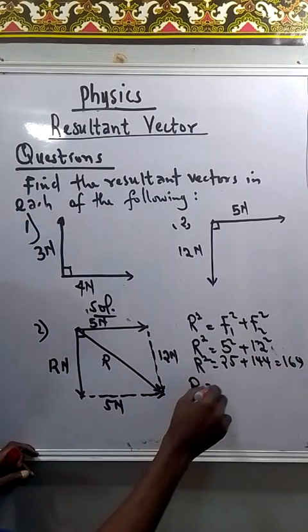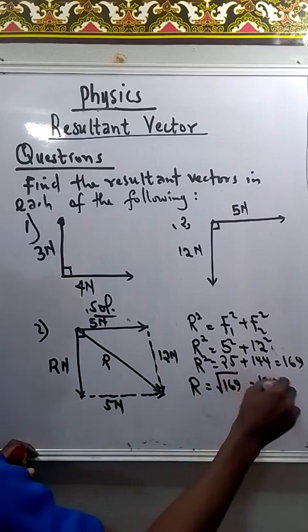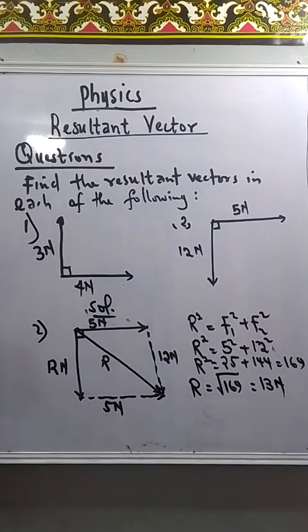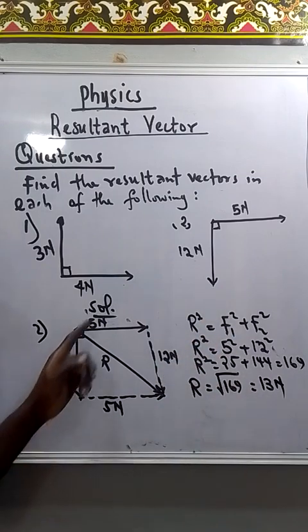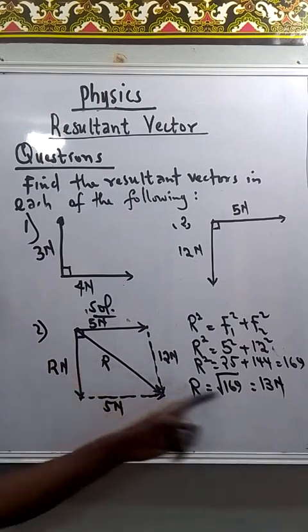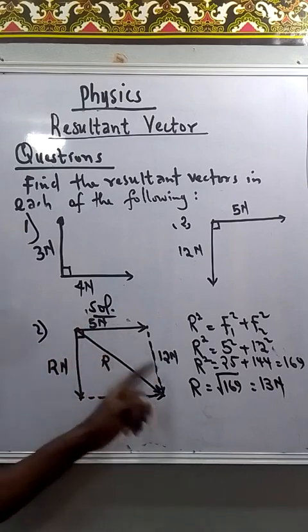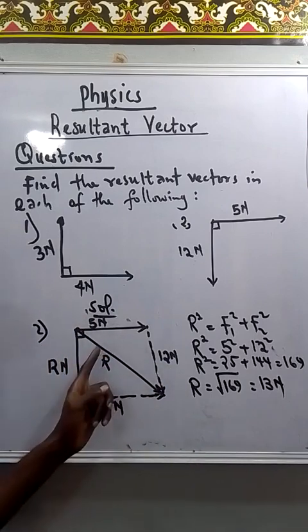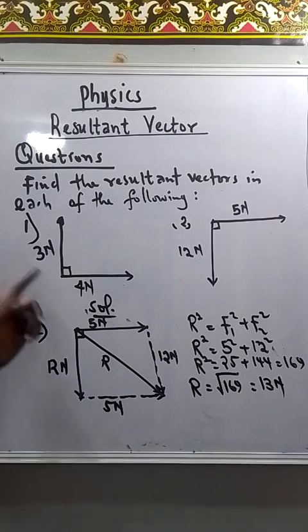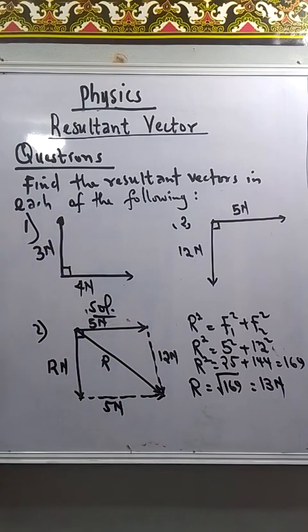That means R equals square root of 169, which is 13 Newton. So at times you don't even need to calculate this. 5, 12, and 13 are Pythagorean triplets. Once two of the sides are 5 and 12, the third will be 13. Just like 3, 4, and 5. They are Pythagorean triplets.